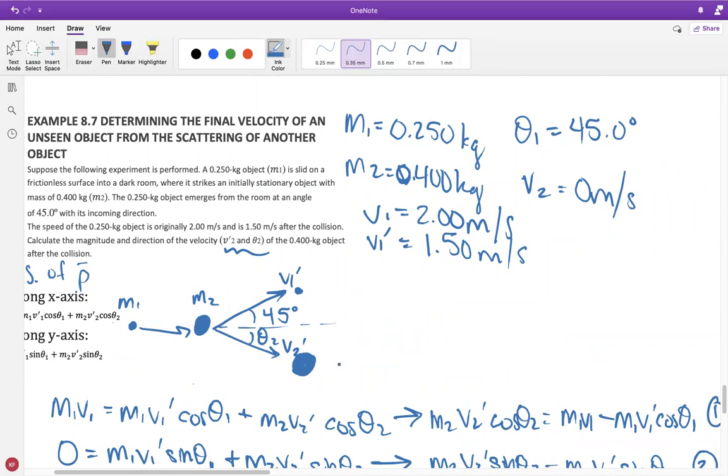Our other mass was initially at 0 meters per second, so it wasn't moving, and after it got hit, it gained some velocity. So this does make sense.